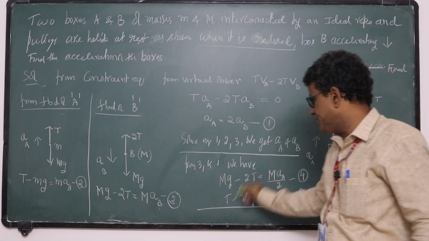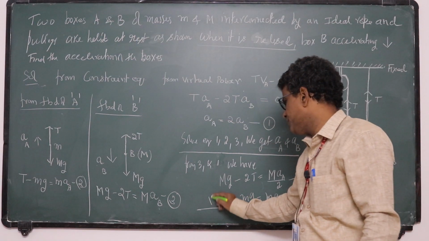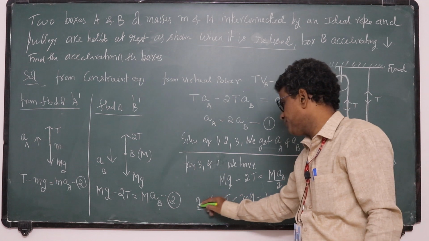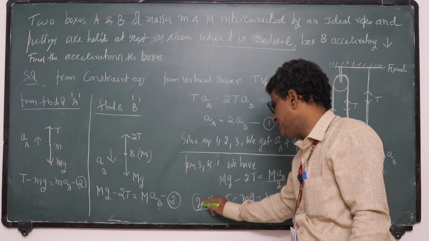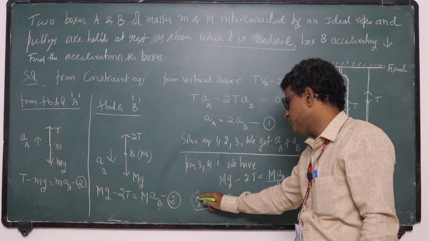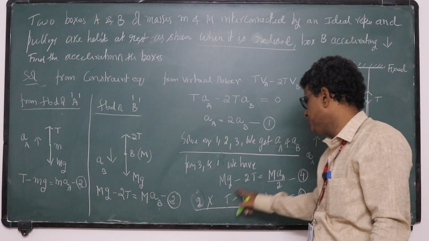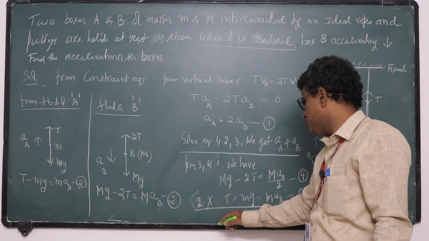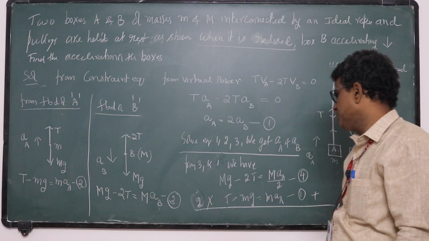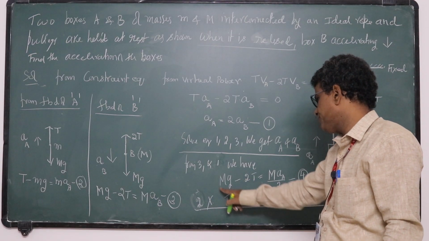So you eliminate T. I multiplied this equation with 2, the entire equation. So 2 into T, 2T, you add these two. After addition, minus 2T plus 2T get cancelled.